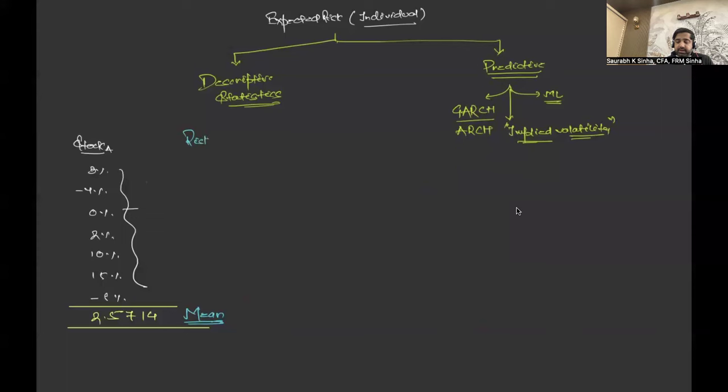Risk is not probability. Some YouTube guy is stating that. Risk is not probability. Risk is uncertainty. Uncertainty to what? Uncertainty to expected behavior, or deviation from expected behavior.